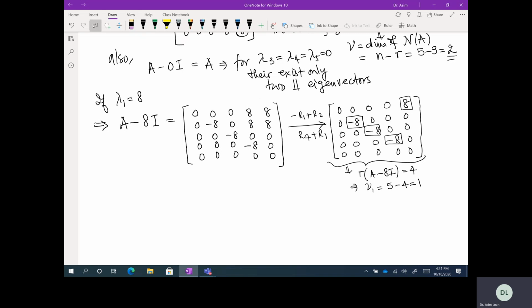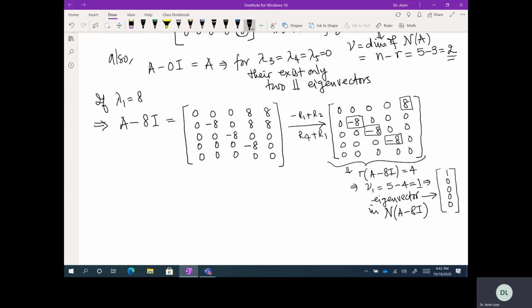What is that eigenvector? The free variable is the first one, all others are pivot variables. This implies the eigenvector is 1, 1, 2, 3, 4. Okay. So this is the eigenvector in the null space of A minus 8i.